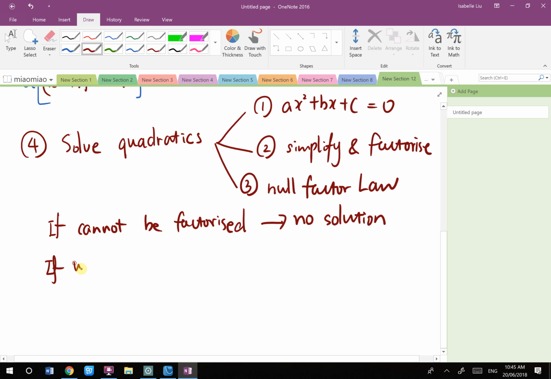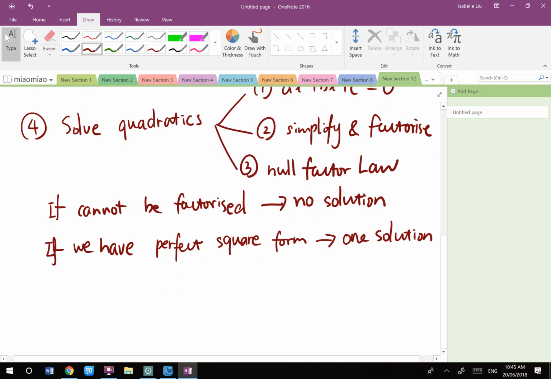If we have perfect square form, we will have one solution. What does the perfect square look like? (x minus h) squared equals 0. That's the perfect square.